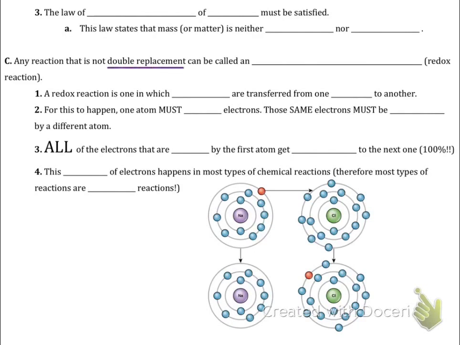Now, another fact of chemical equations is that any reaction that is not double replacement, and we'll explain what this word is, is an oxidation-reduction reaction. Sounds very complicated. It's very simple. Basically, a redox, which is reduction, with red in reduction and ox in oxidation, is when you have electrons that are transferred from one atom or element to another.